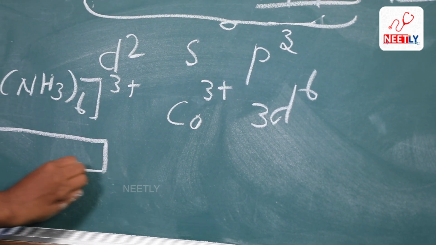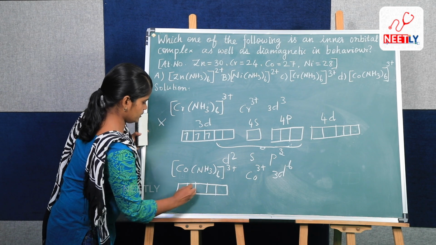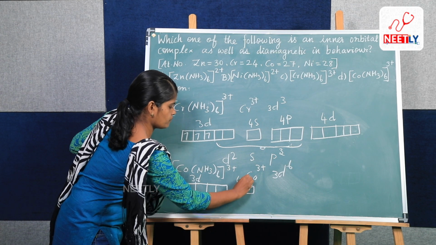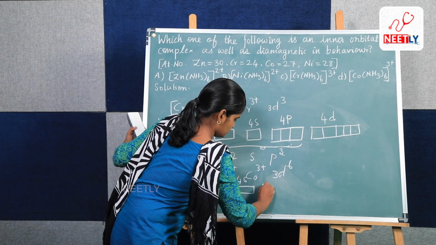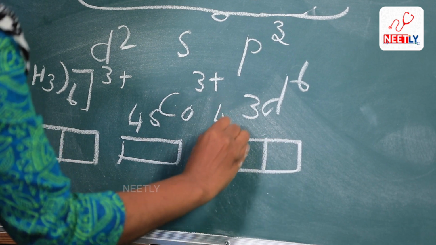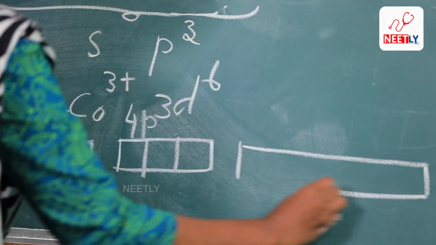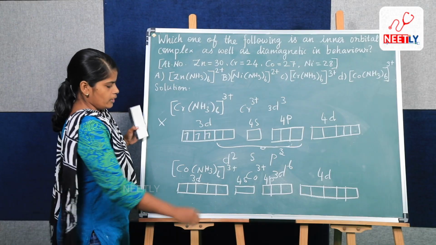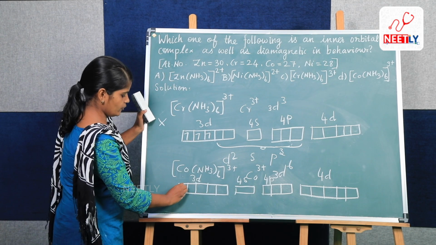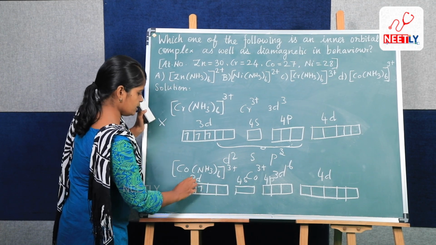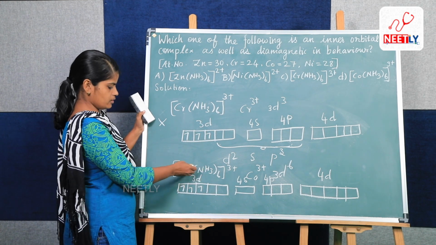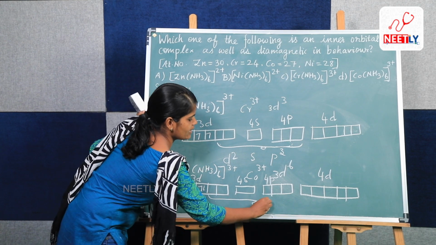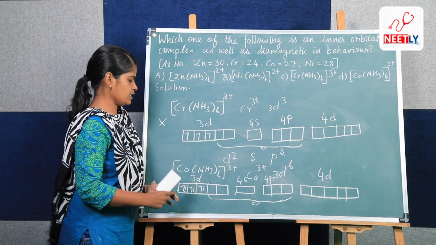So if you write them in the orbitals, 4s, 4p and 4d. So there are 6 electrons. So if I fill them here, in the presence of a strong field ligand like ammonia, they will get paired up, and hence it forms an inner orbital complex.